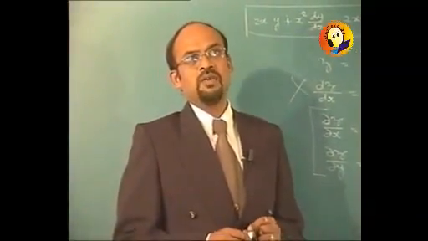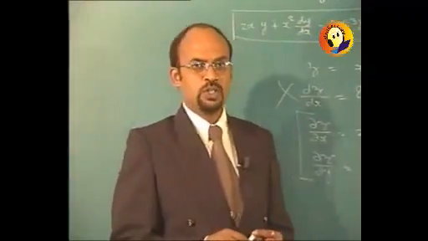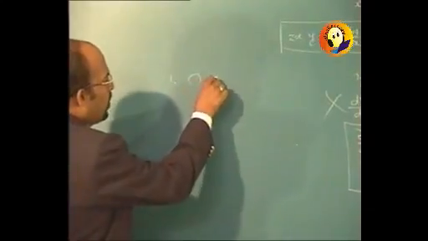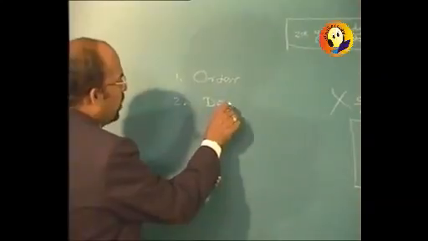Now there are a few more terms which go along with the differential equation. Number 1 is called the order of the differential equation, and number 2 is the degree of the differential equation.